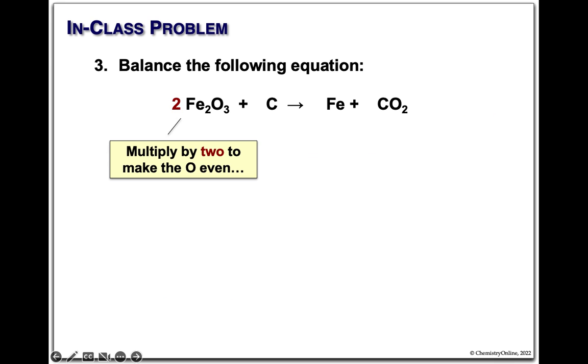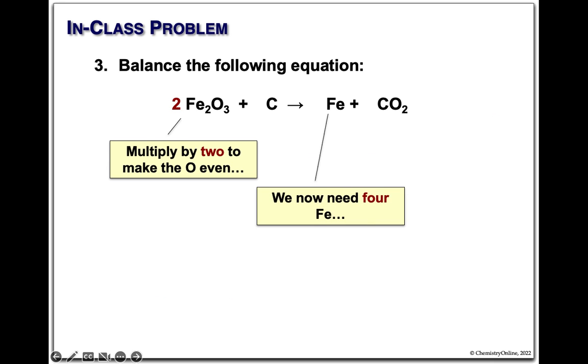Now when we do this, we're also doubling the amount of iron. We start off with 2. Over here we have 1. We need 4 irons. The oxygen, well, we put 6 on this side. We still only have 2 here. So we need to stick a 3 in to make that balance.